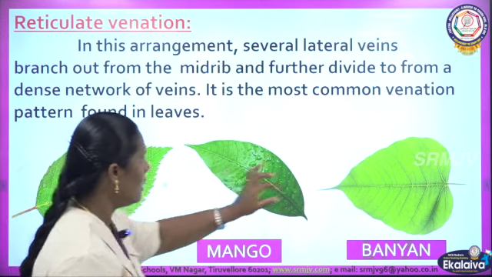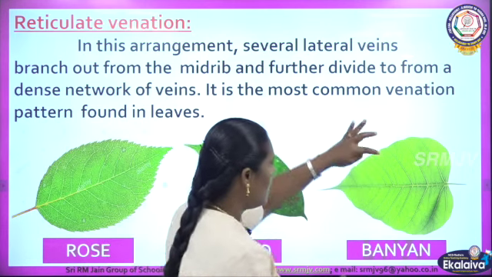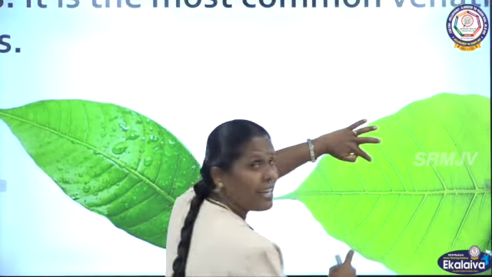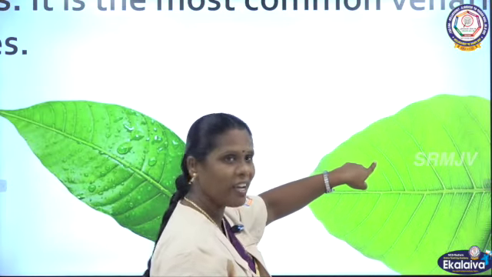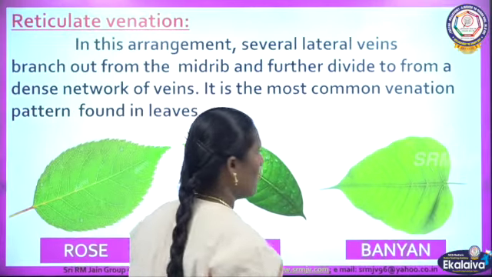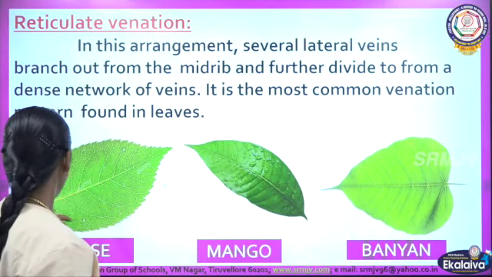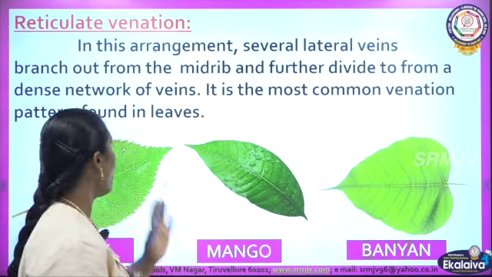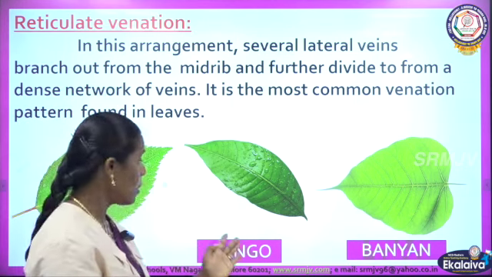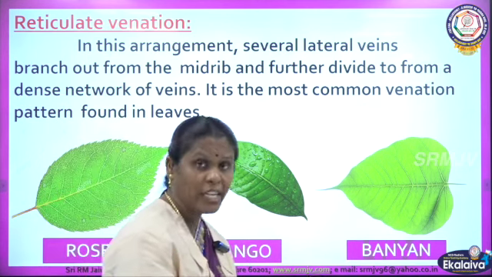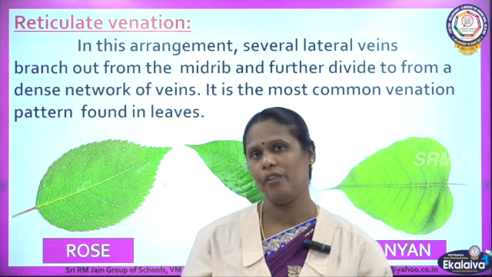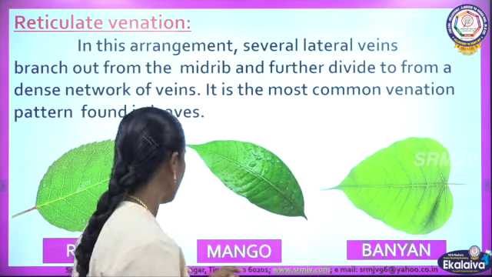See, a dense network of the veins. I hope you can see the veins. It is the most common venation found in leaves. Rose, mango and neem leaves are examples of reticulate venation.